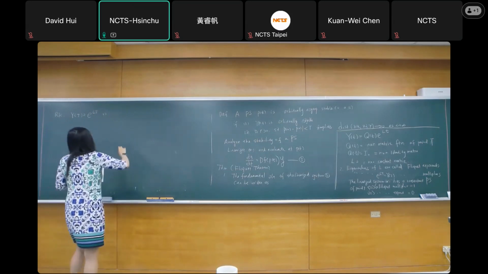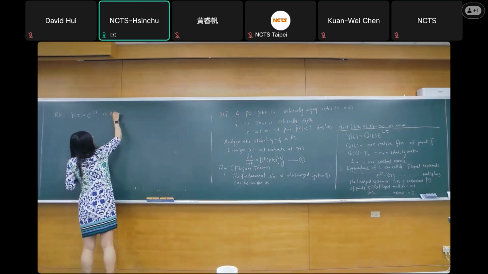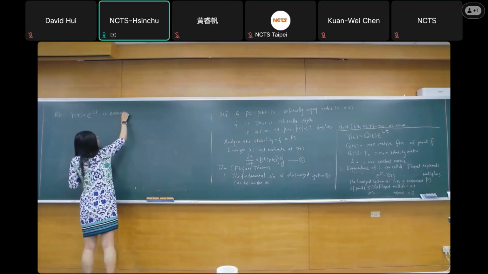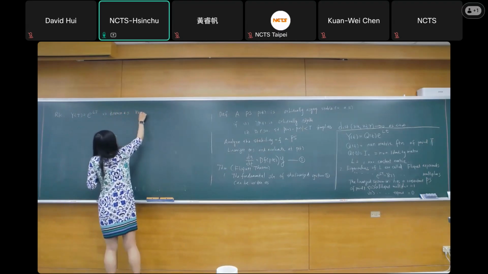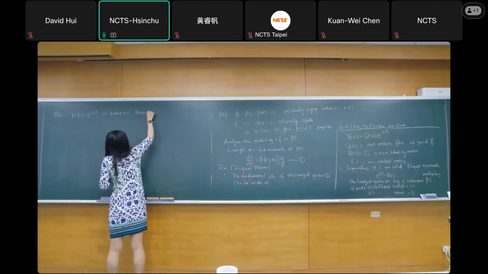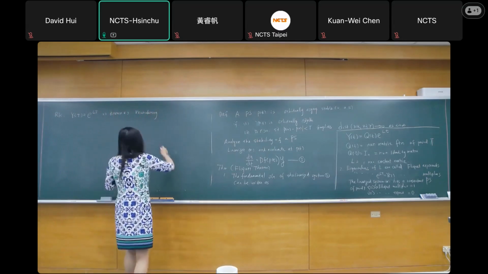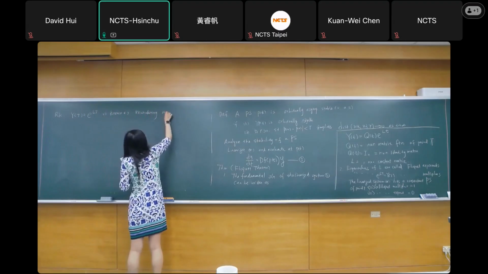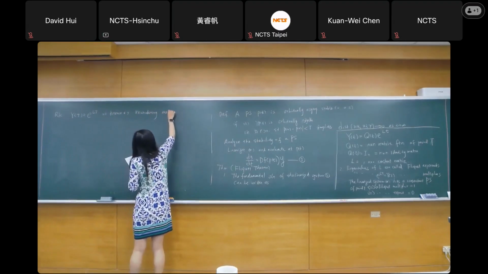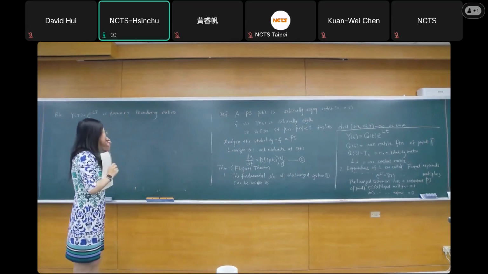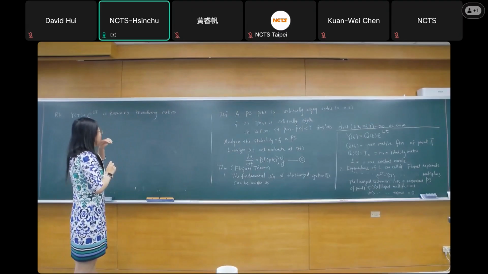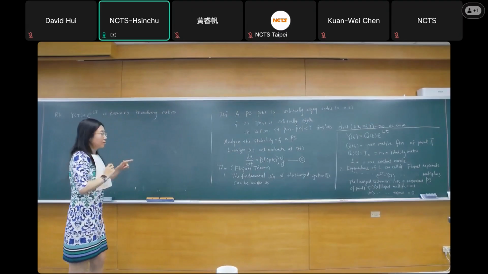This is known as the monodromy matrix, because this matrix tells us a lot of information about the periodic solution.